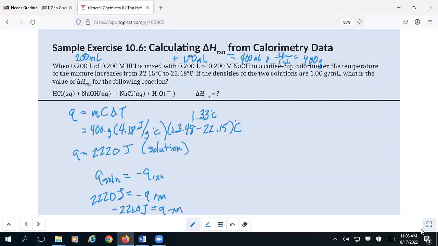Now, that's not what the question is asking. The question is asking for the enthalpy of reaction. And so we need one more piece to the puzzle here. To turn this heat of reaction into an enthalpy of reaction, this enthalpy value is on a per mole basis.